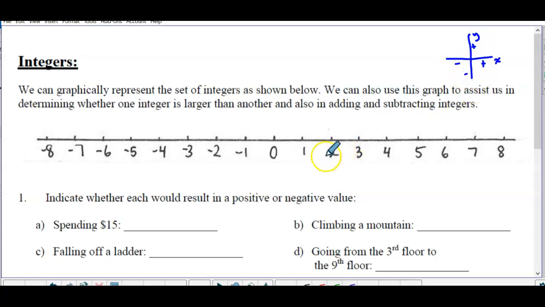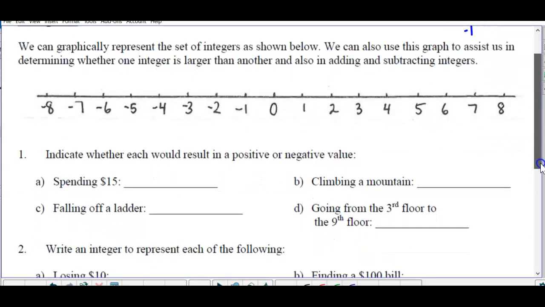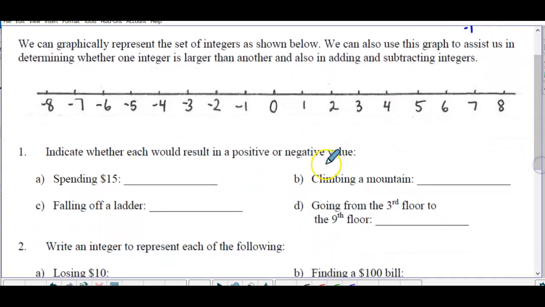All right, so we can graphically represent a set of integers as shown below. We can also use this graph to assist us in determining whether one integer is larger than another, and also in adding and subtracting. So indicate whether each would result in a positive or negative value. So spending $15, that would result in a negative, right?